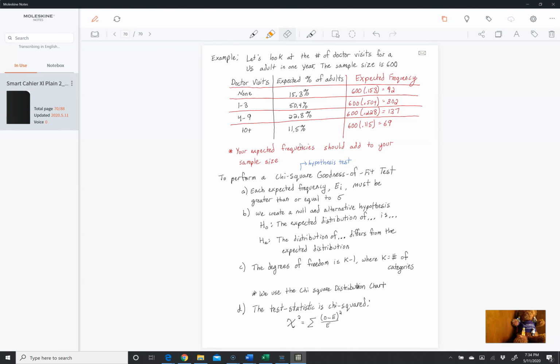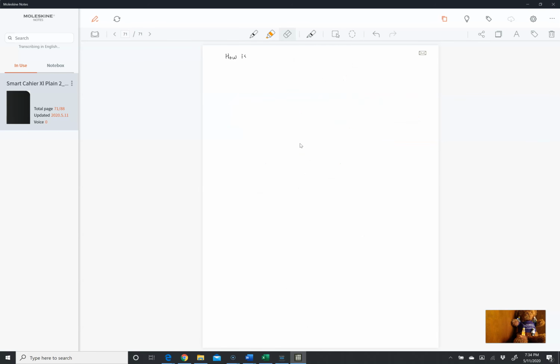So how do we do this? Exactly the same way. First, we need to verify that it's a random sample. You can see how important random samples are.